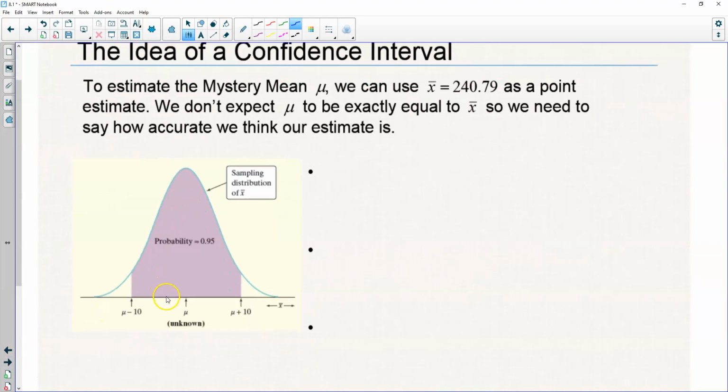So we can use the 240.79 as our point estimate. We don't expect mu to be exactly x bar, so we have to think about how accurate we are. Here's a few things that we know. In repeated sampling, the values of x bar follow a normal distribution with mean mu and standard deviation of 5, which is what we just saw on the last slide.